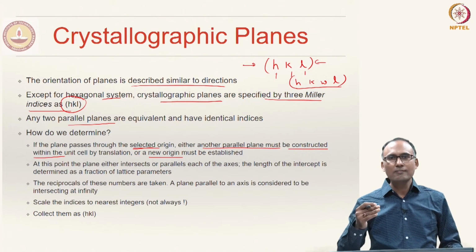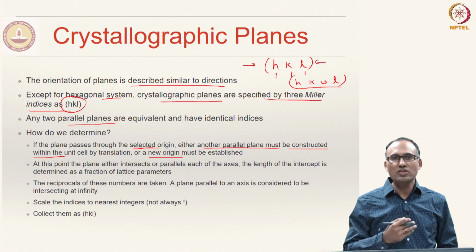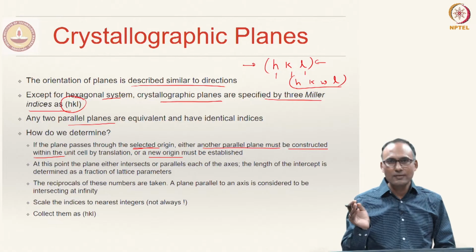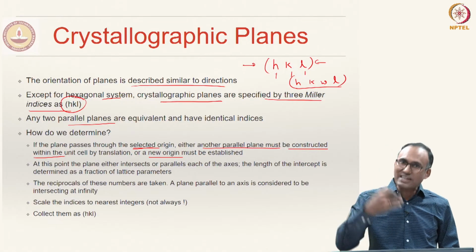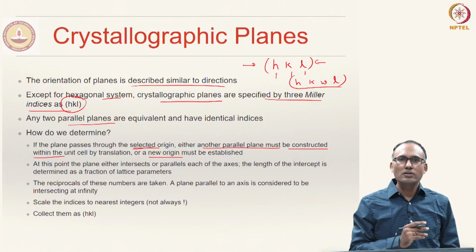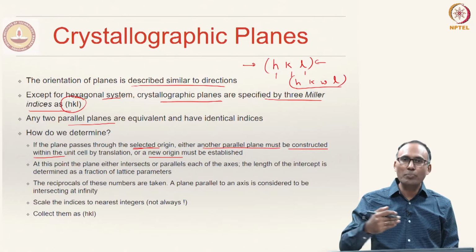That means the basic guideline is that the plane should not be passing through the origin. If at all the plane is passing through the origin, because we said all parallel planes are equivalent and have exactly the same indices, you just have to translate the plane such that it is parallel to the original plane and not passing through the origin.